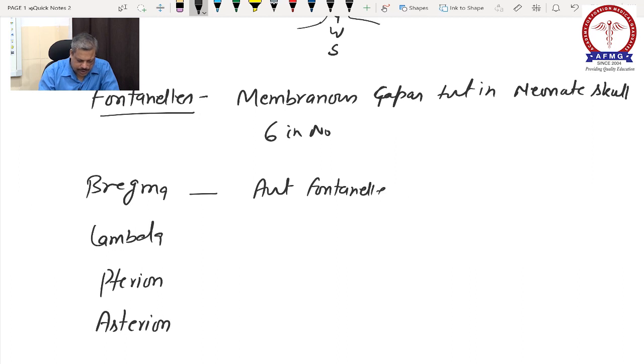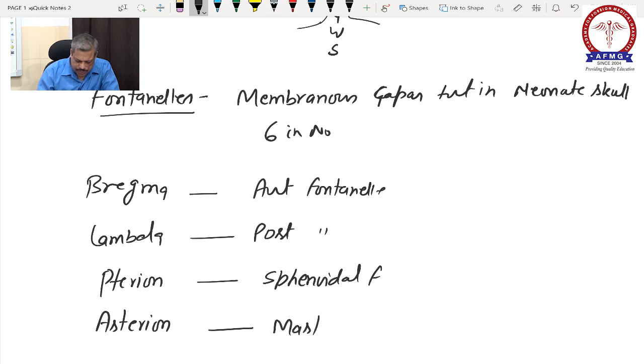At the lambda is the posterior fontanelle. At the pterion is the sphenoidal fontanelle. And at the asterion is the mastoid fontanelle.